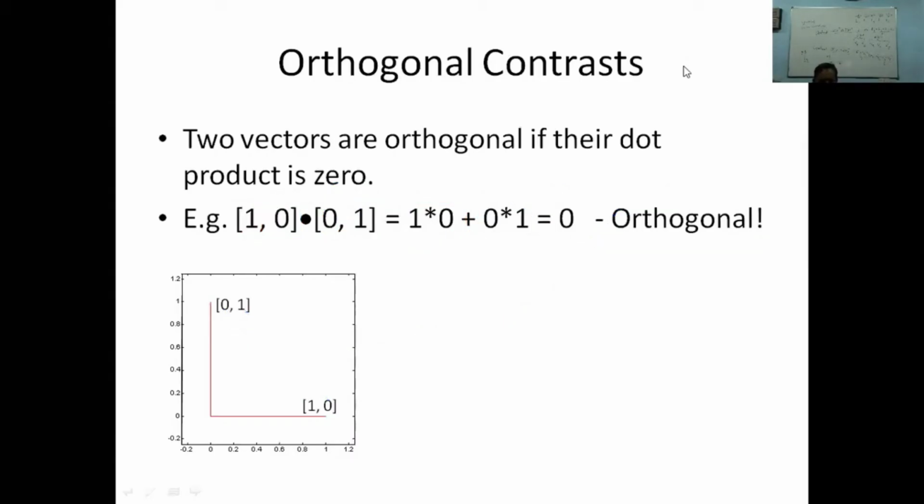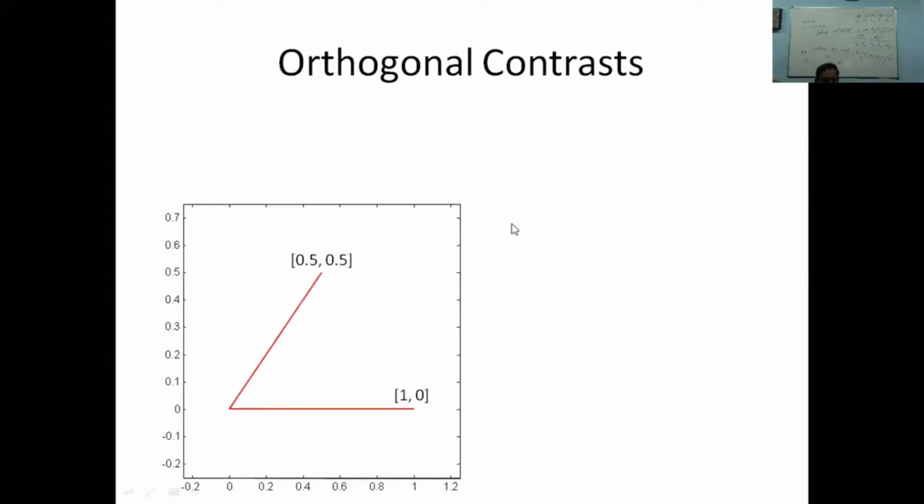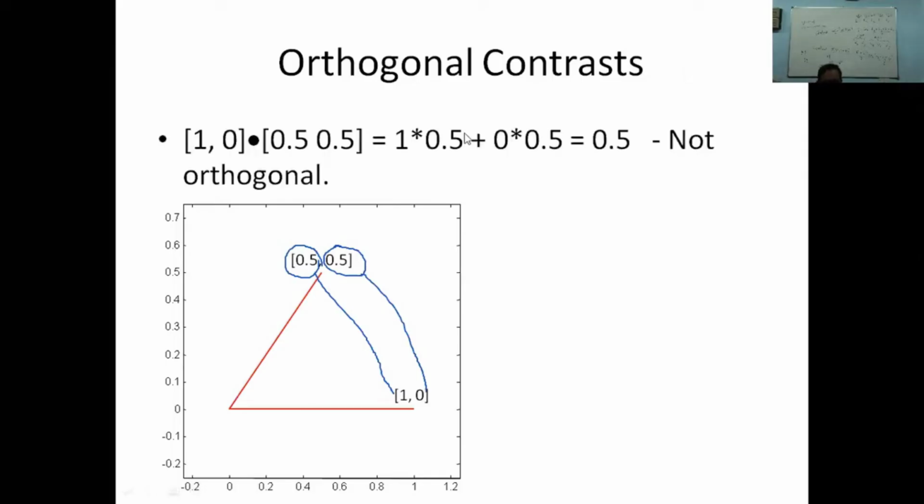This is orthogonal. Look at the second example. We want to multiply this 0.5 with 1 plus this 0.5 with 0. So what is the answer? If you multiply 0.5 with 0 and 0.5 with 1 and add it up, in the same way, 1 multiplied by 0.5, then 0 multiplied by 0.5.